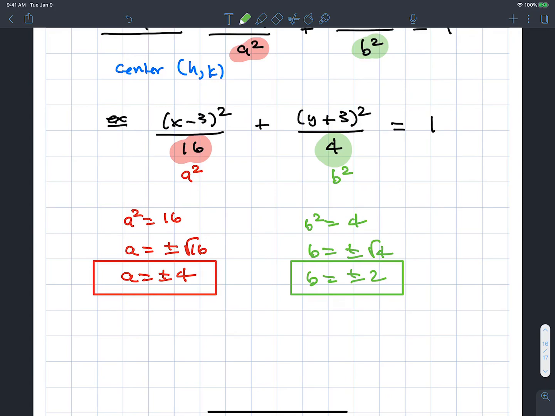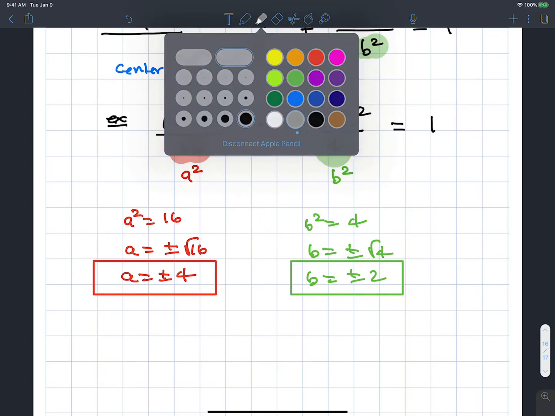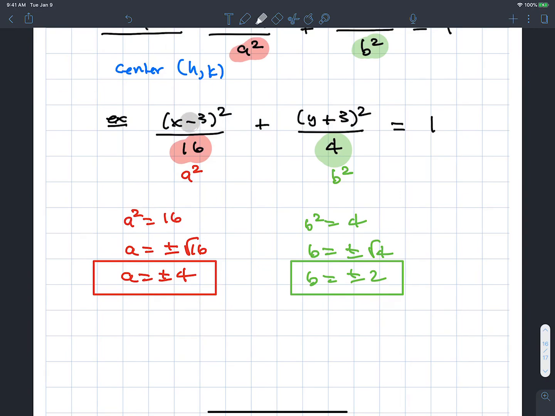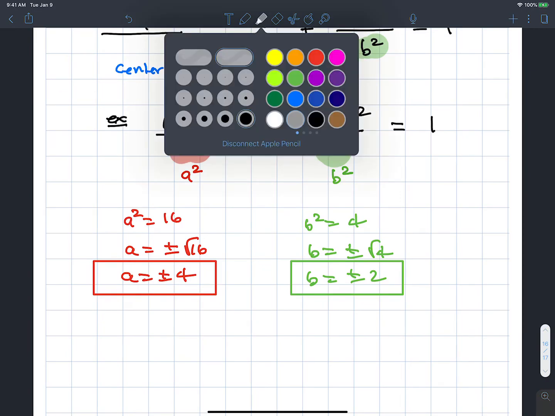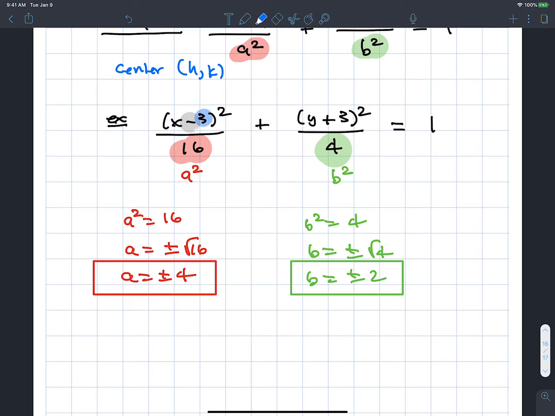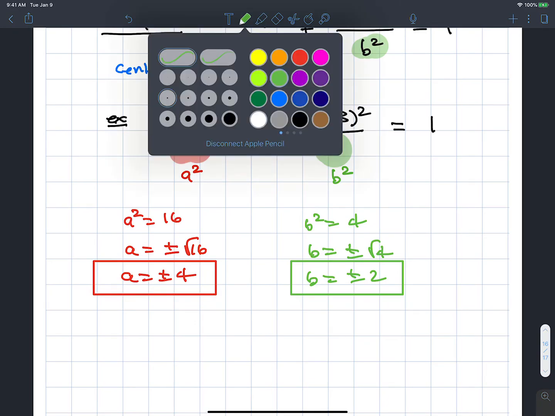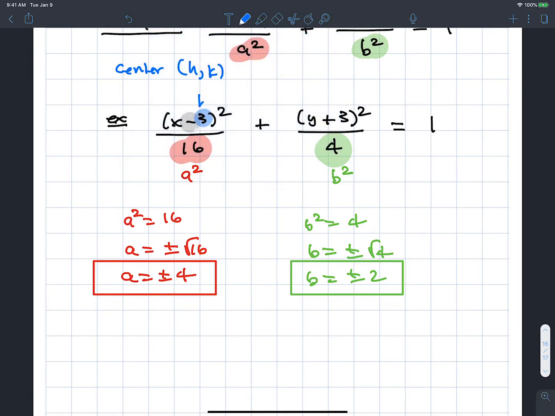So there you go, ladies and gentlemen. a is plus or minus 4, b is plus or minus 2. We're going to use these values here, but we need to know the center. Now, the center always comes after. We need the h and k. So there's a minus, and go. We say, oh, okay, good. Then the number 3 here is my h, so h is 3.